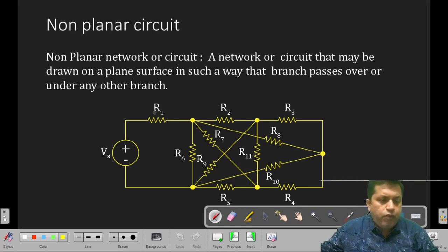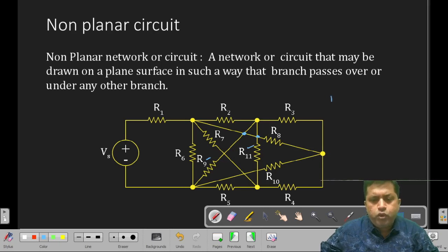This R1 branch is not passing over or under any other branch, so this is not the problem. Another branch, the R8 resistance branch, is passing over two branches. This is one intersection point for branch R9, and this is the other intersection point for branch R11.